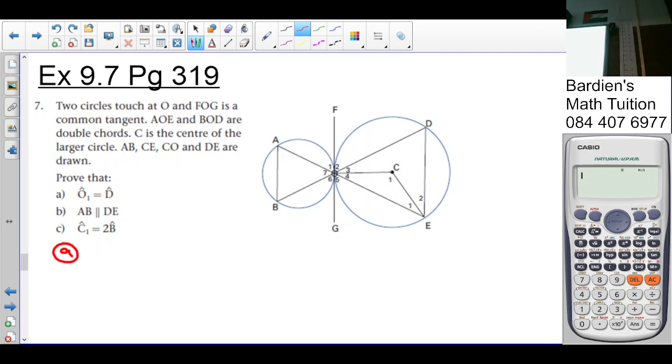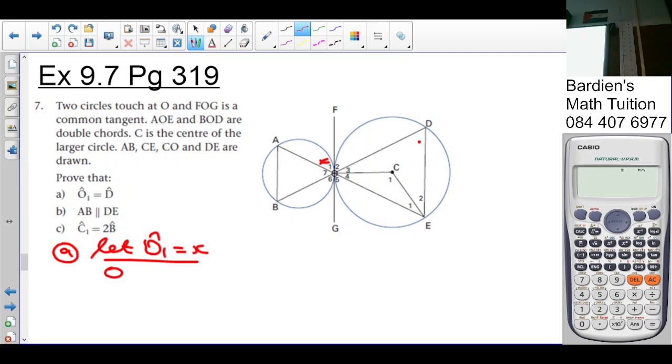O1. Boring. Okay, let's go with O1. Then O1 equal X. So if O1 is equal to X, where do we go from here? They want O1 is equal to D, no? O1 is equal to which angle? D. Why? Listen, we need to end there. O5.